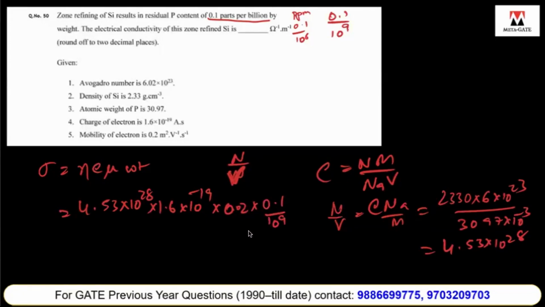So it is nearly 10 power minus 29 and 4.53 into 1.6 into 0.2 into 0.1, 2 by 100, is nearly 14 into 0.01. So it is 0.14.